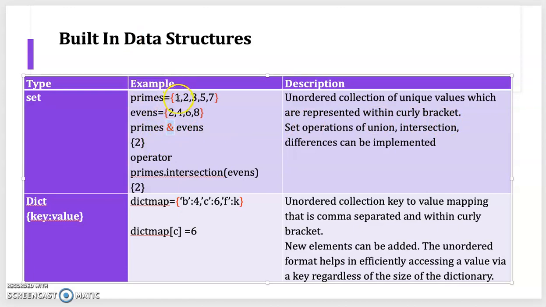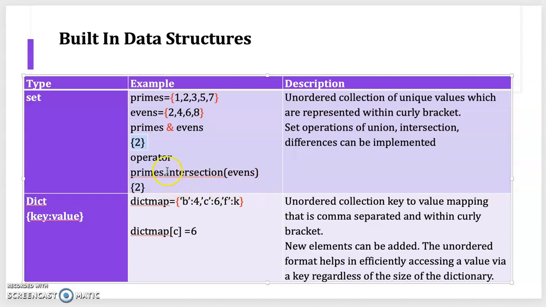Then we will see here we have 1, 2, 3, 5, 7 in the prime set. We have 2, 4, 6, 8 in the even set. Which one repeats? They both have 2. So after you apply the operator to both sets, only the overlap will display.